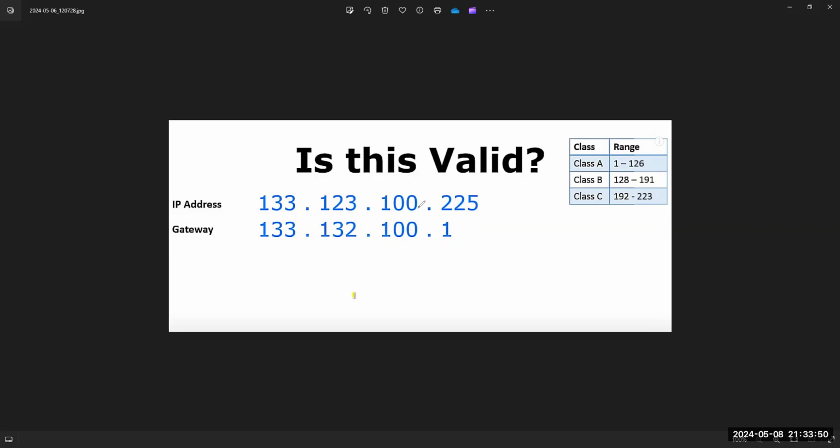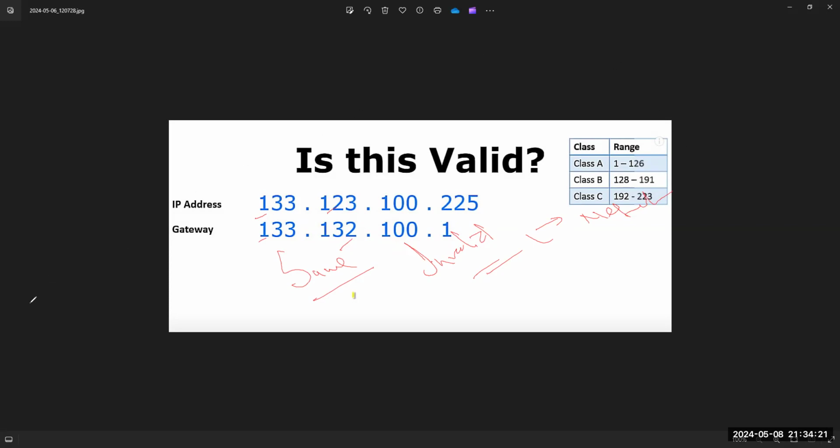The gateway address and the IP address should be the same. Correct. Even though this part is the same, this is different, right? So both the IP addresses, the gateway and the IP address, should be the same. If they are not the same, these are invalid. We will not be able to connect within the network, right?